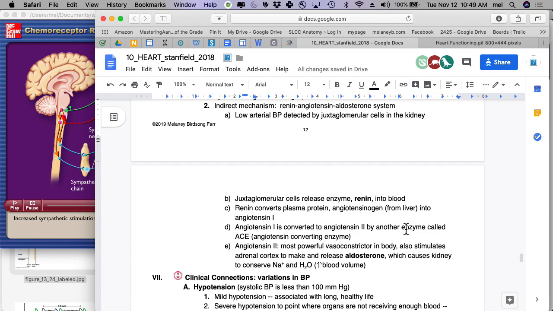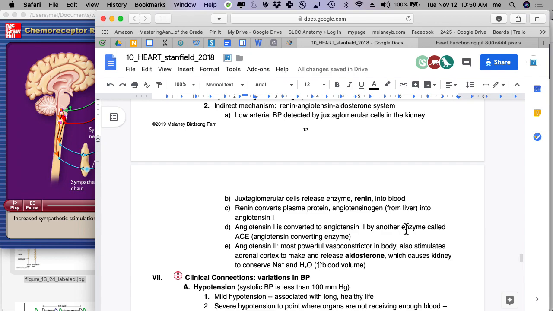So angio as in vessels, tensin as in pressure, genesis. So keep that in mind. This is actually made by the liver, and it's always around, but it doesn't really do anything unless renin's around. So when angiotensinogen gets activated by renin, it forms angiotensin 1, which doesn't do anything unless it's activated by another one.